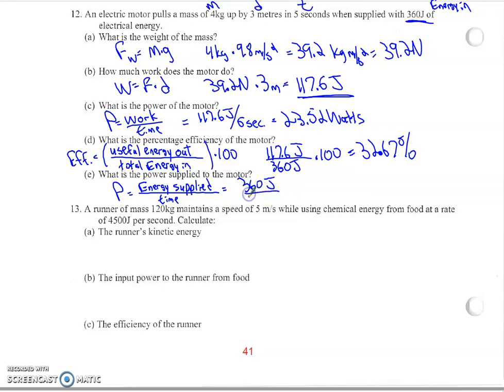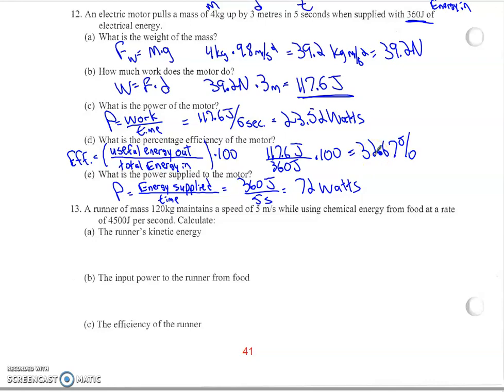And the time was 5 seconds. So that gives us 72 watts. All right, so the power supplied was 72 watts. The power of the motor, the output basically, is 23.52 watts. And they're the numbers we're working with, right? Which makes sense because it's only about 33% efficient.